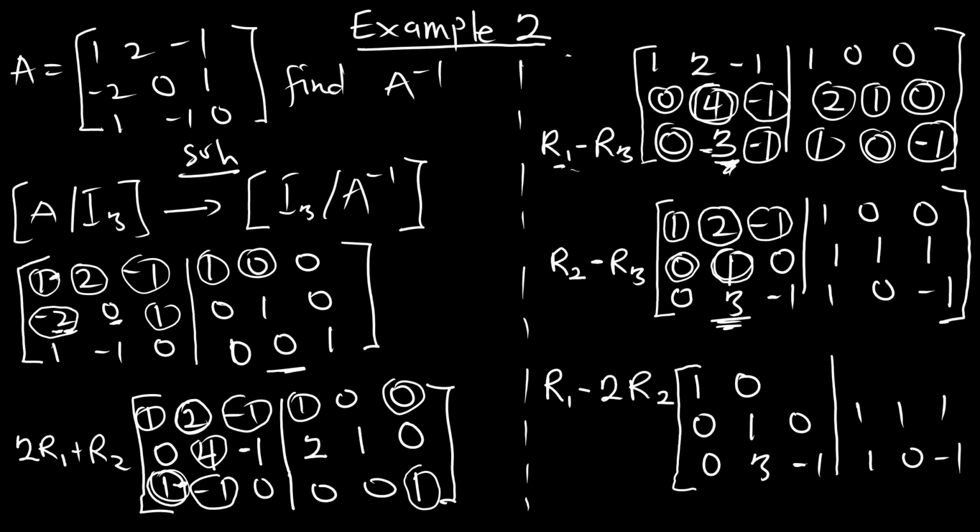Negative 1 minus 2 by 0, still negative 1. Now, row 1, 1 minus 2 times this, and that is going to be negative 1. 0 minus 2 times this, negative 2. 0 minus 2 times this, negative 2. This way. Are we okay?